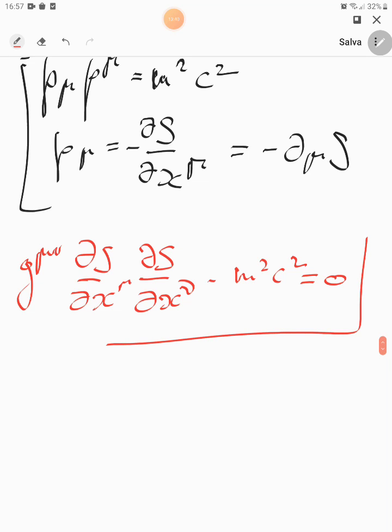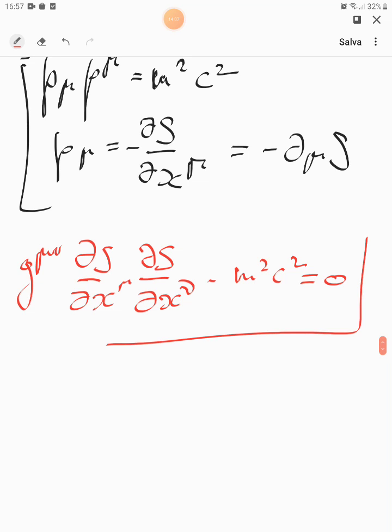This equation can describe the motion of this body. But in which way? What else do we have to know to find this motion?